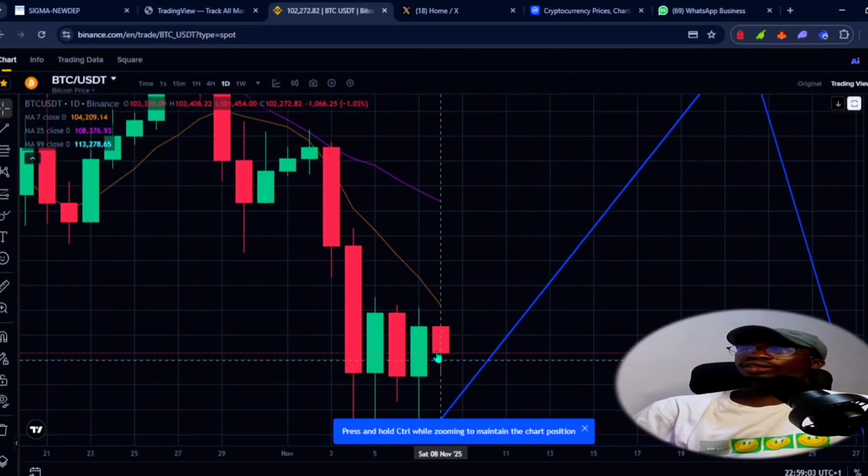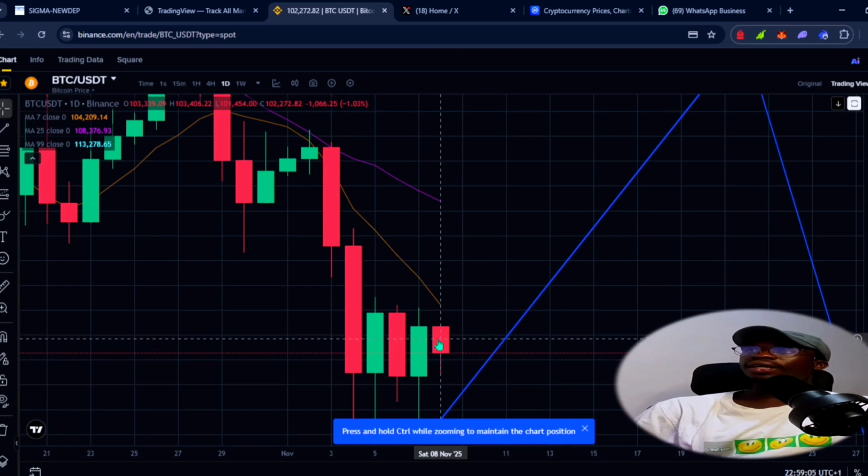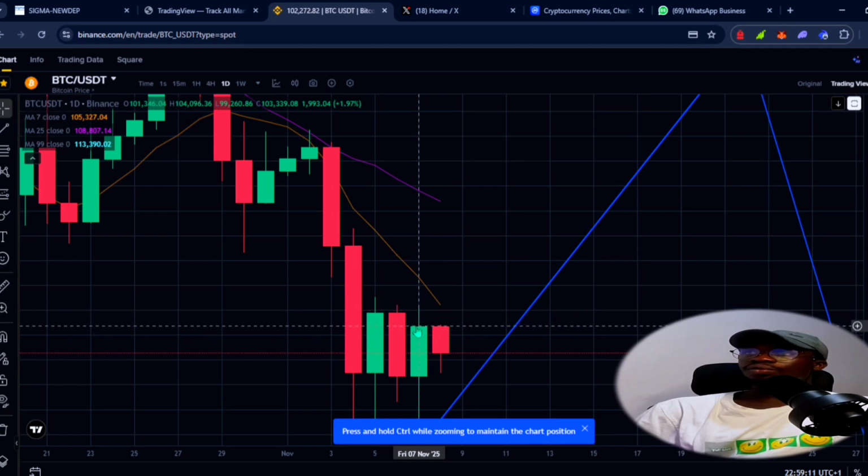Now, this candle you're looking at right here has 4 basic parts. The first is the open. This point right here is the open, and the close, this point right here.